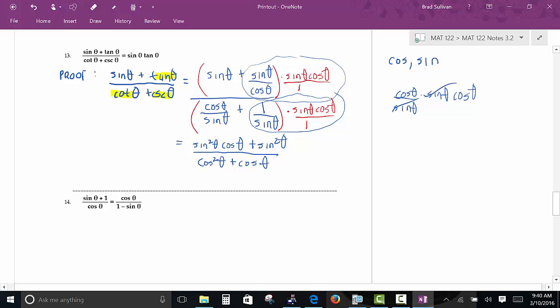Now, what we're going to do on this is, factoring is a big deal. Does the numerator factor? Is there a common factor? The numerator: sine squared. You're going to take a sine squared out, so that you have a common factor of sine squared theta. Sine squared times cosine squared will give you the first term. Sine squared times 1 will give that.